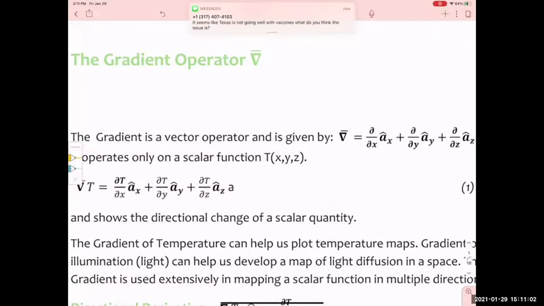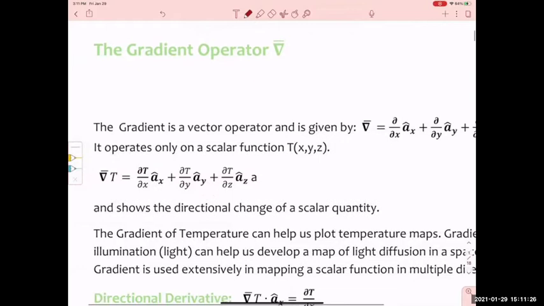They don't, however, mean anything by themselves. So the del by itself is nothing. When the del operates on different entities, then it changes its name. And when it changes name, then together with the function on which it operates, it gets meaning.